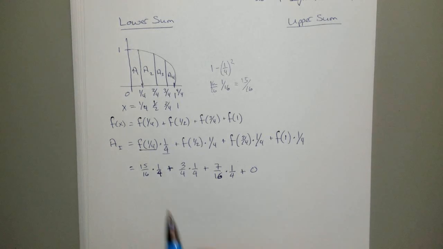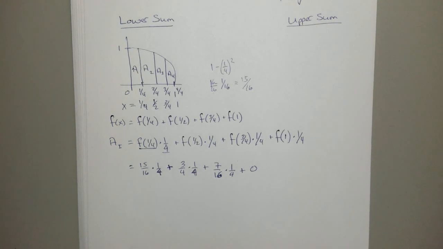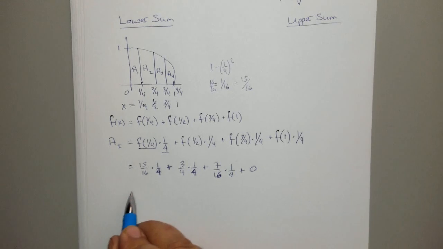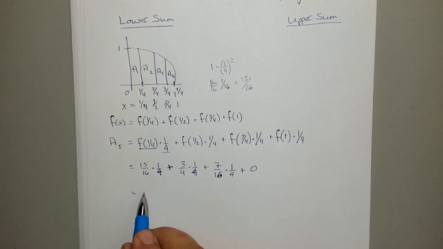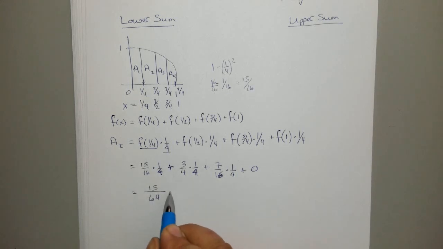Sorry for my handwriting. These are 4s and 16s. There are no 9s anywhere there. Well, the common denominator is going to be 64. 15 times 1 is 15.